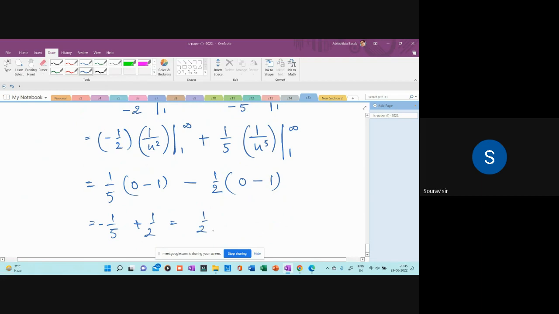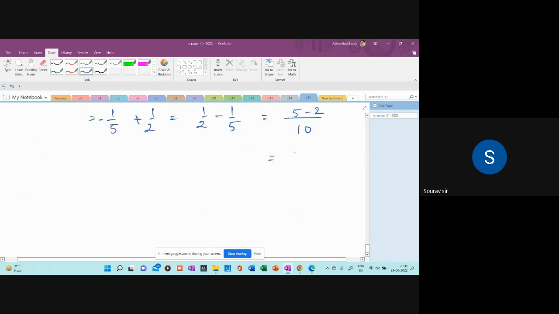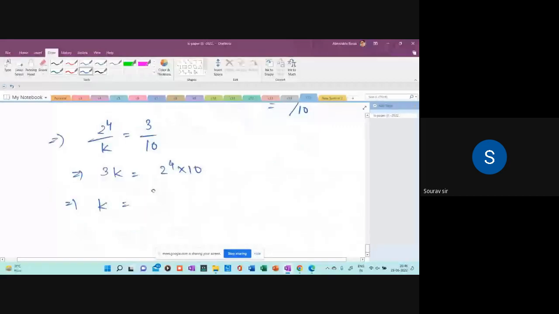So that is half minus 1 by 5, that is going to give me 10, 5 minus 2 is 3 by 10. So we basically have 2 to the power 4 by k is equals to 3 by 10. That implies 3k is equals to 2 to the power 4 into 10, and that implies k equals to 2 to the power 4 into 10 by 3, and you need to solve this and you will get the value of k among these values.